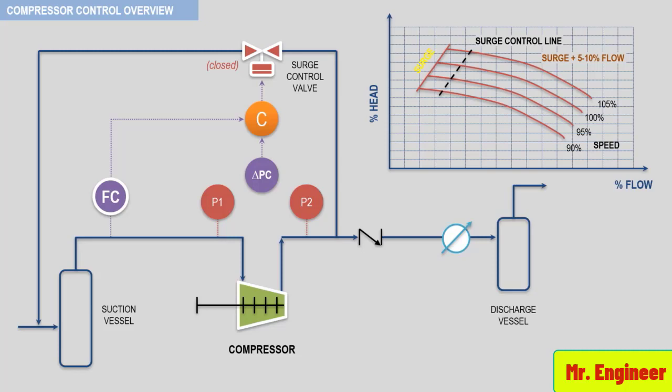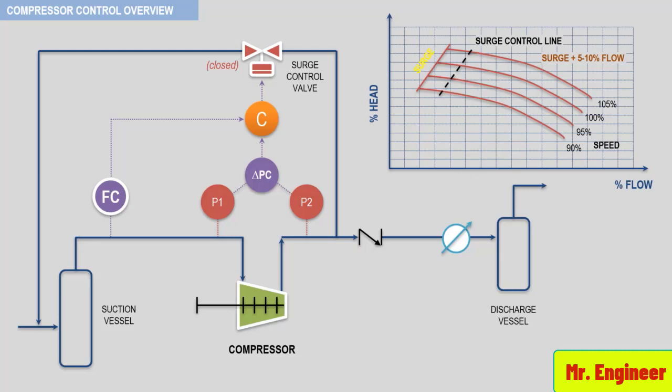The input is the operating point, usually defined by flow and pressure differential, which is the discharge pressure minus the suction pressure of the compressor. The set point of the controller is the surge control line, and the output to immediately open the surge control valve is activated if the operating point is lower than the surge control line.